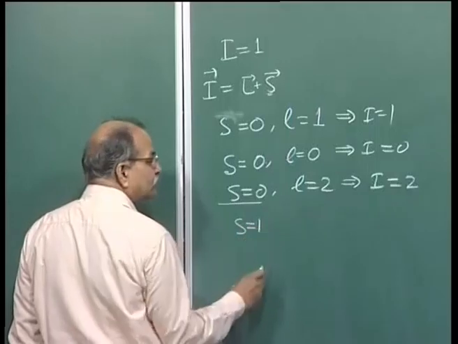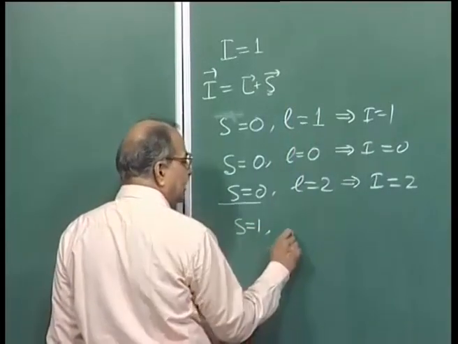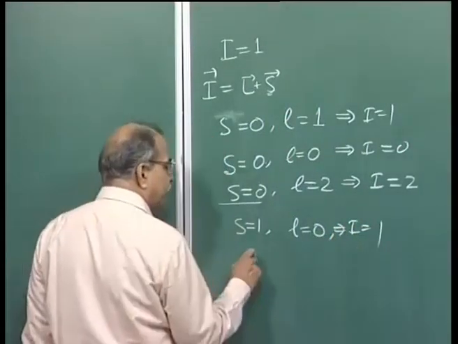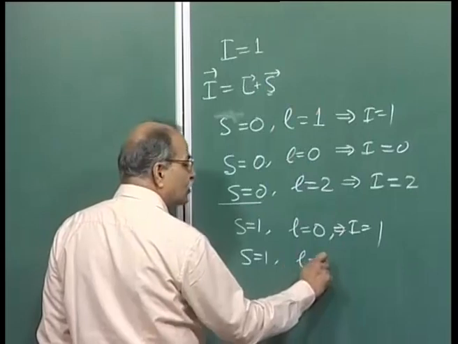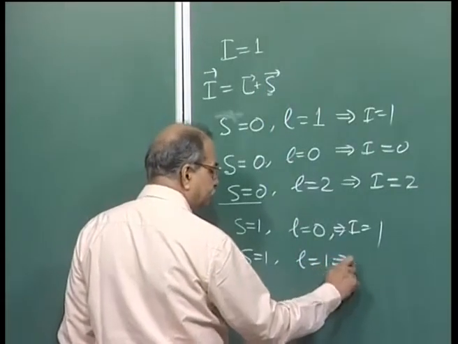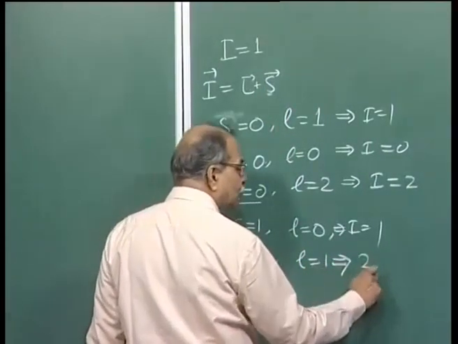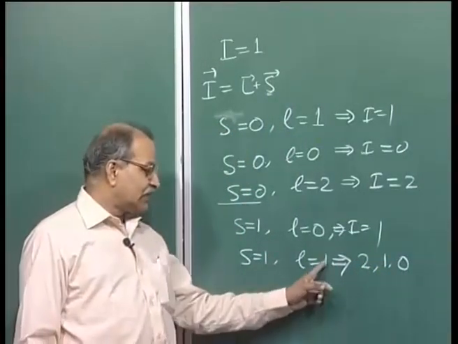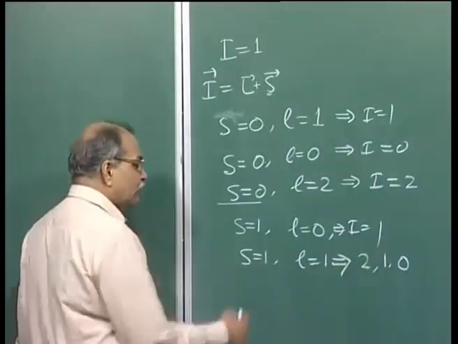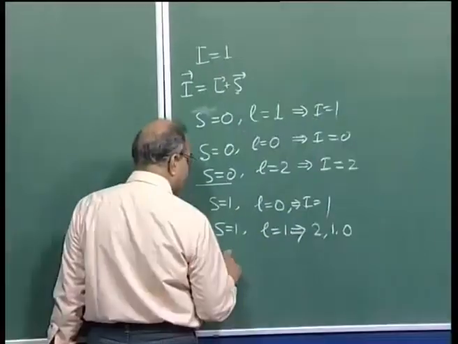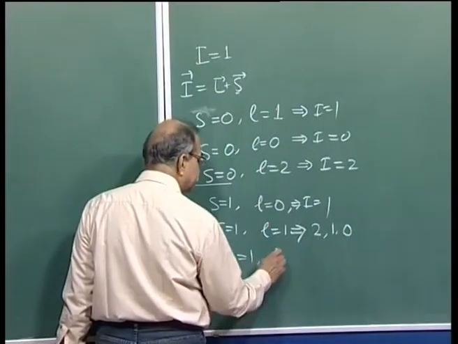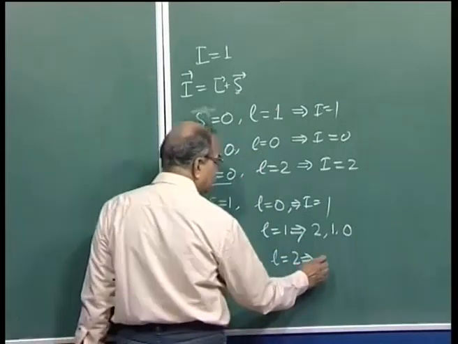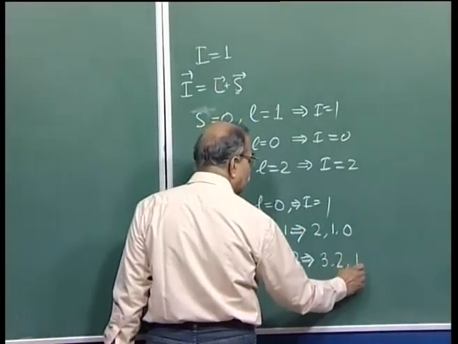Okay. Now, look at S equal to 1. If S is equal to 1 and this L is equal to 0, you will get I equal to 1, that is fine. If S is equal to 1 and L is equal to 1, what will you get? 1 plus 1, 2, 1 or 0. 1 and 1, when they couple they can give 2, 1 or 0, from 1 plus 1 to 1 minus 1. And if L is 2, what can you get? 3, 2, 1.